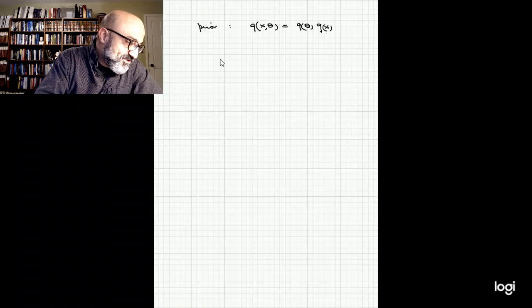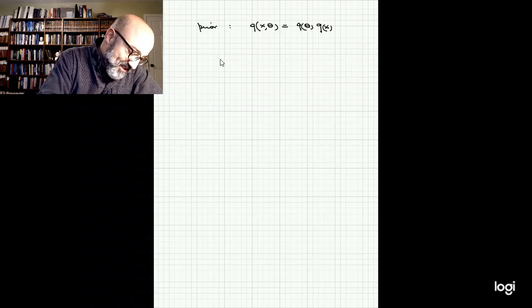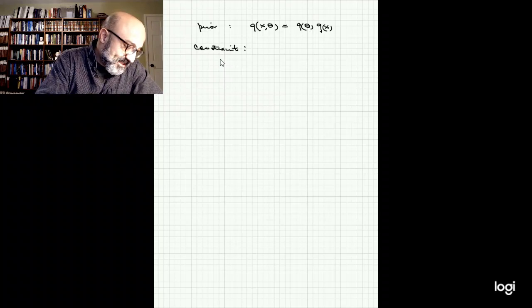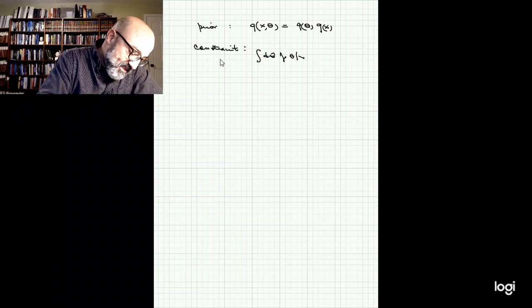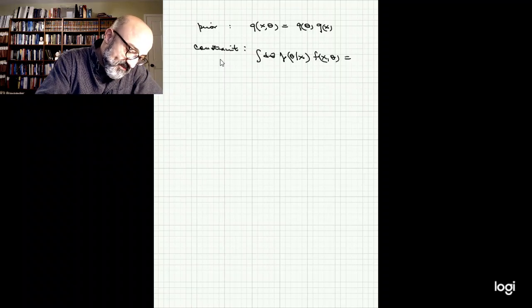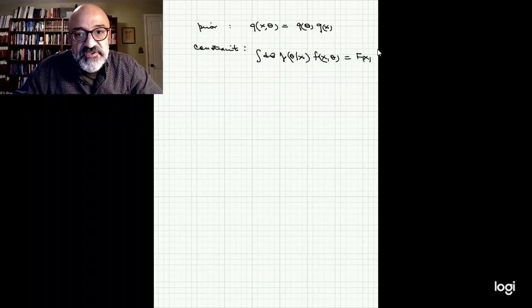So the constraint is what supplies you with the relation between x and theta. And that could be in the form of, I don't know, some expected value, for example, p x theta of some function of x and theta, and this gives you some expected values of x.